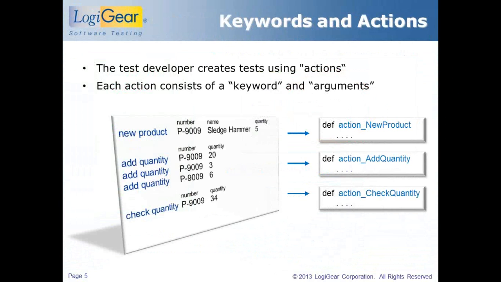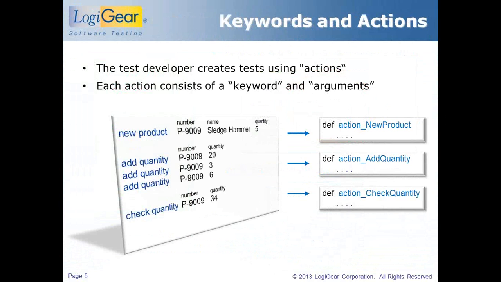And that might be in C# or Java or some programming language, but that's buried away. Everything is at the higher level of abstraction, where looking at the actions you can understand what the test flow is. So in this very small example, new product, add quantity, and check quantity is a set of actions that can show you the flow of a test.